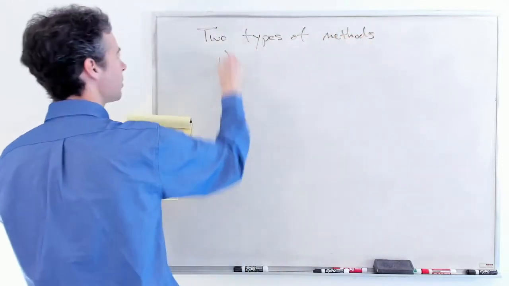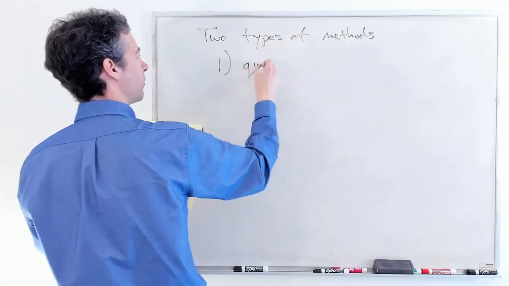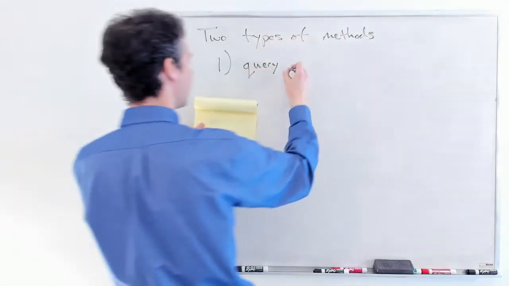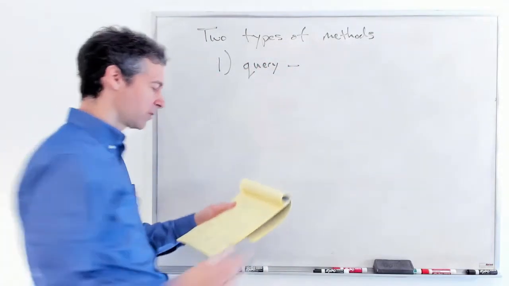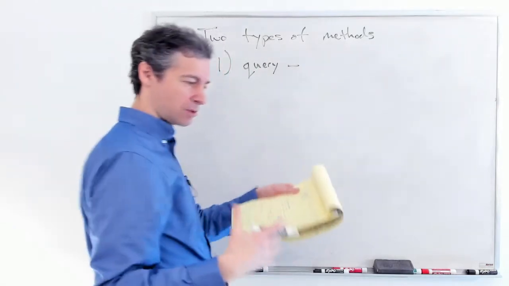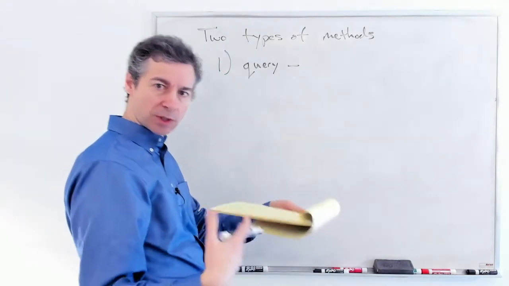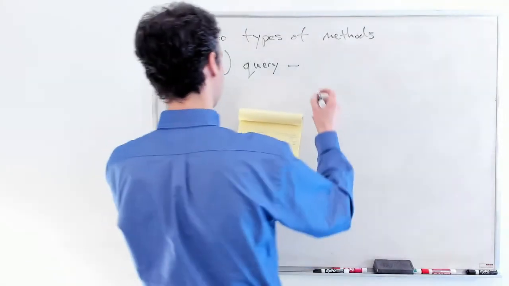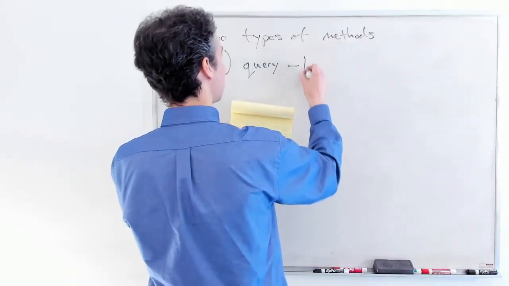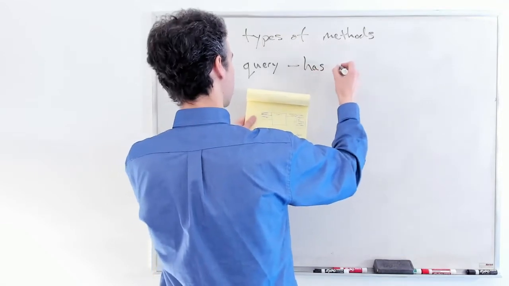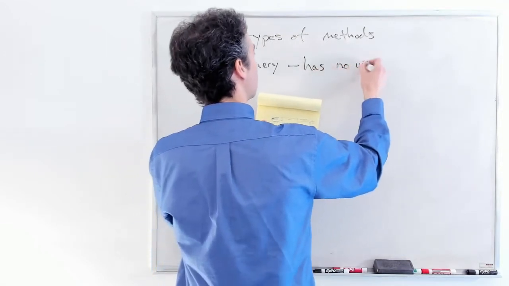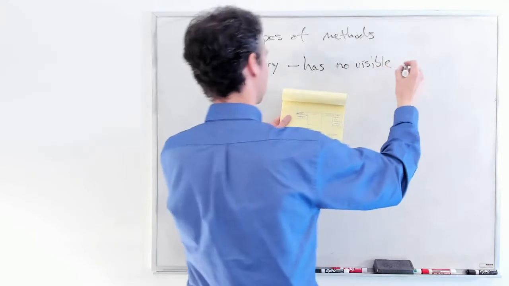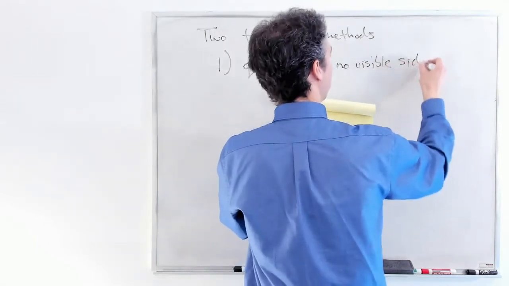One type is called a query method. So, again, we have an object, we have a class, and we're going to call this method on that object. When we call this, it has no visible side effects.